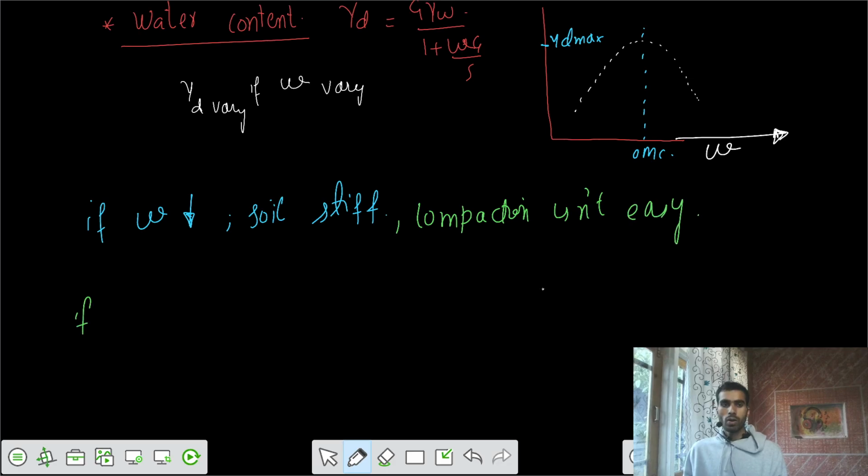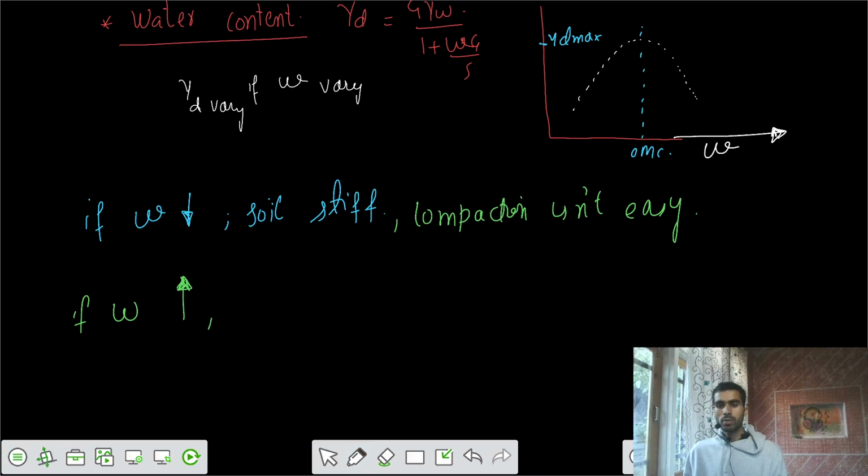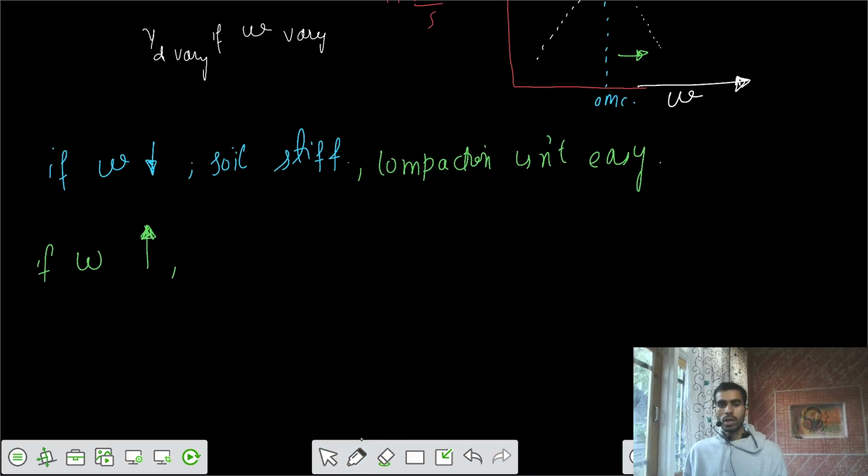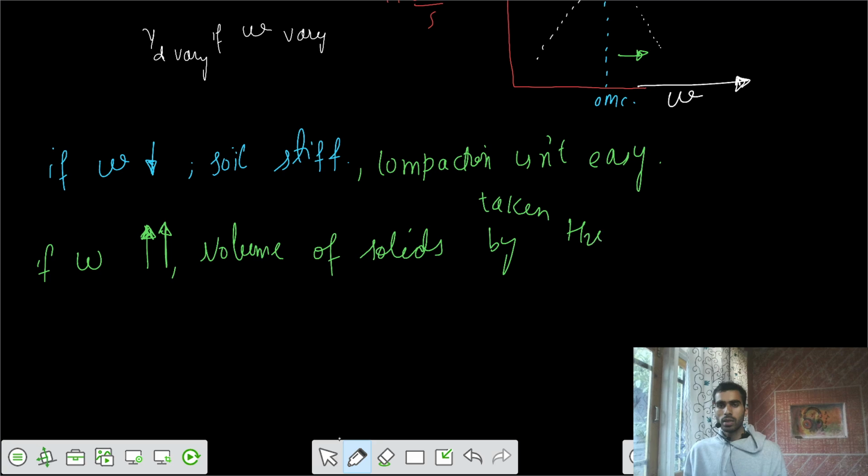But if the water content is more, what's happening? The voids are taken up by the volume of water. That means the unit weight also decreases.